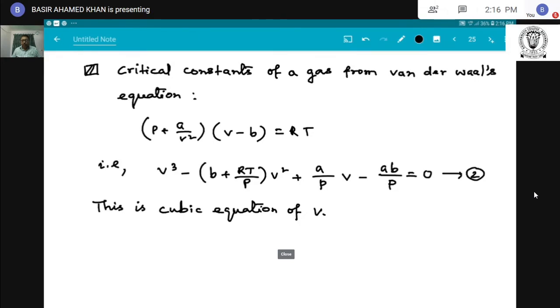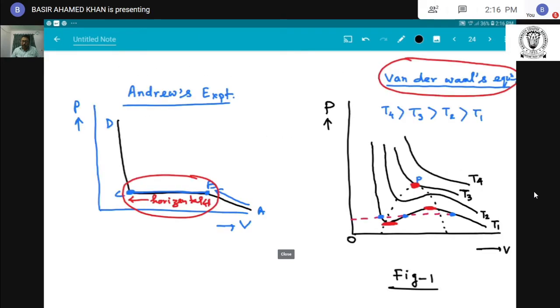In our previous graph, we see that these three roots become equal at the critical point.